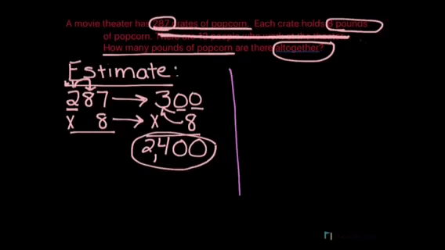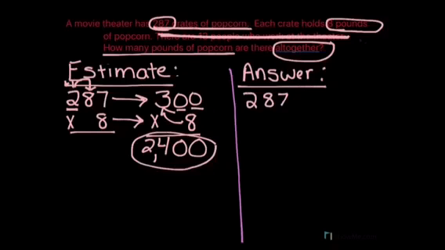Now I'm ready to actually find the answer and solve the problem. So we have 287 times 8. I'm going to use expanded notation. To do that, I'm going to break apart 287 by place value.